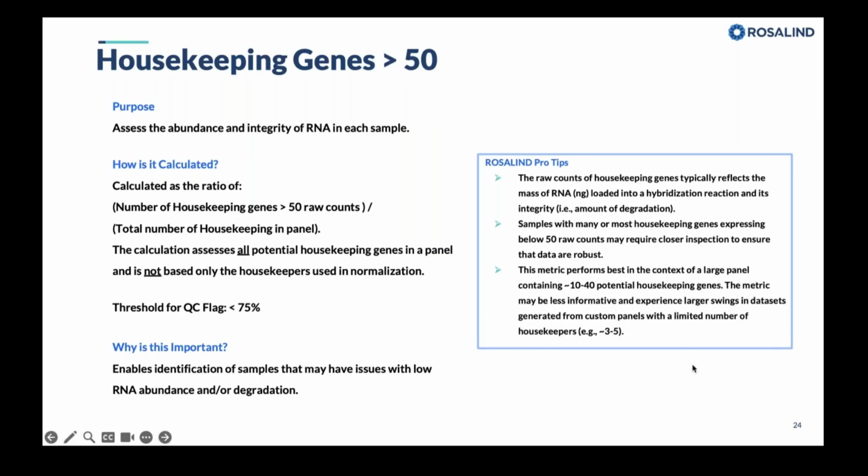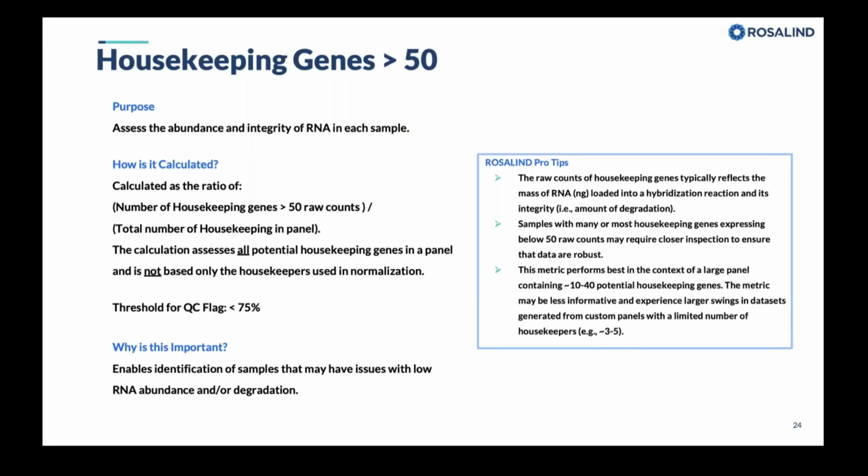The takeaway message is the caveat down here at the bottom. This metric works really great if you have one of NanoString's off-the-shelf panels, where you have 40 potential housekeepers or 20 potential housekeepers, a large set.